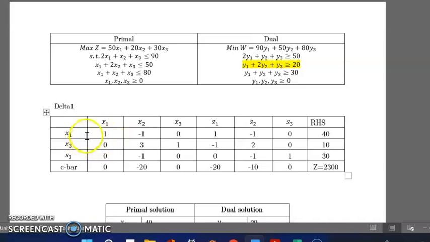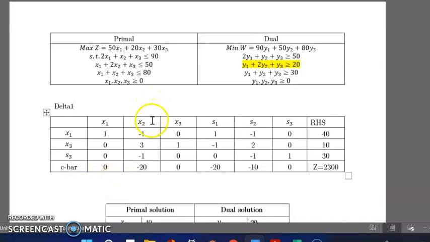Okay, so if you look at the optimal tableau, you can see that x1 is a basic variable. It's in the basis, and hence any change to its coefficient in the objective function will cause the C-bar values of the non-basic variables to change.